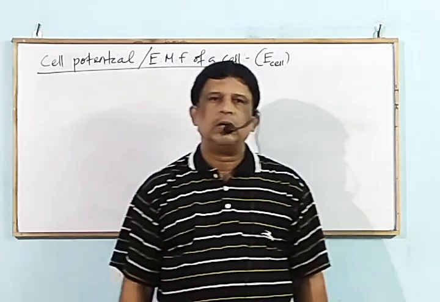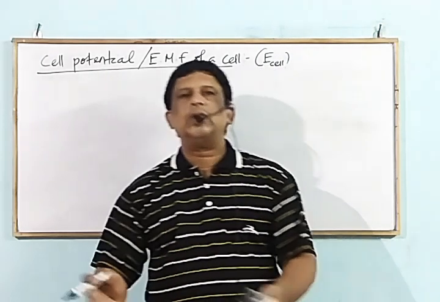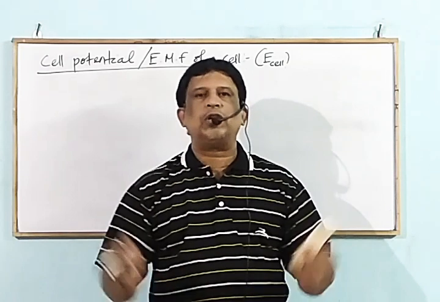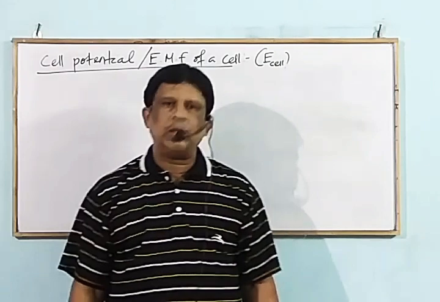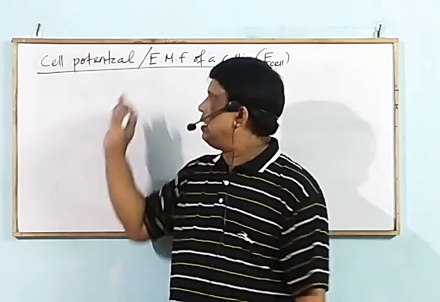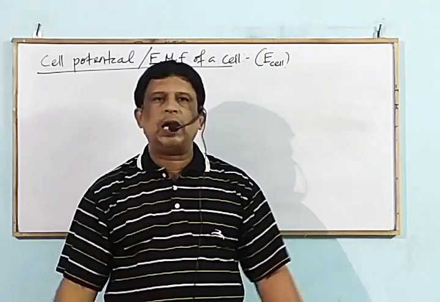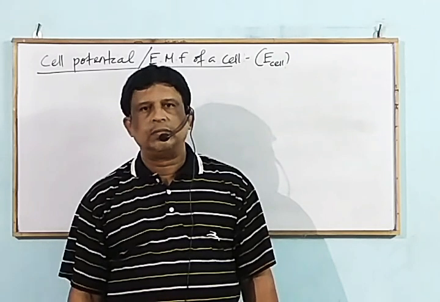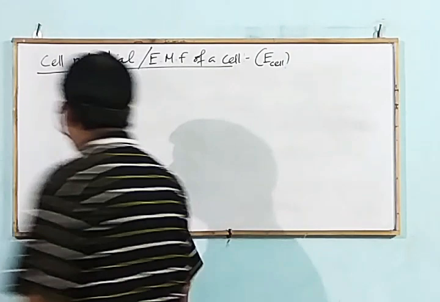Normally, we know that a galvanic cell or electrochemical cell is made up of the combination of two half cells, anode half cell and cathode half cell. That's why the cell potential, that is EMF of a cell, is also calculated by the sum total of two half cell electrode potentials.